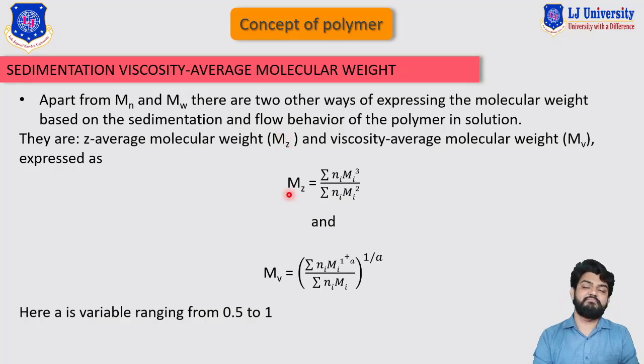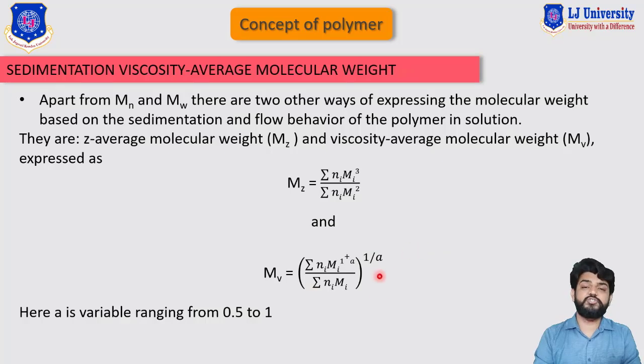This is the formula which is used to calculate the sedimentation average molecular weight. It is Mz equal to sigma Ni capital Mi cube divided by sigma Ni capital Mi square. And the viscosity average molecular weight can be calculated by sigma Ni capital Mi raised to 1 plus a, which is divided by sigma Ni capital Mi, and the entire bracket is raised to 1 divided by a.